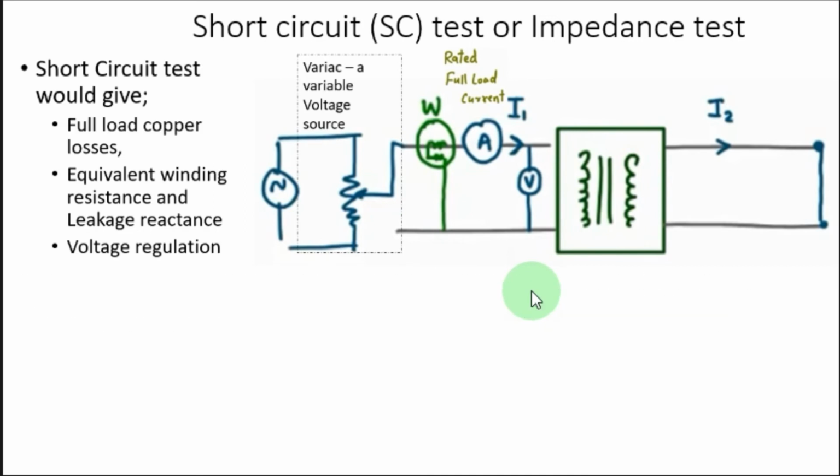So the short circuit test would give the full load copper losses, then the equivalent winding resistance and the leakage reactance, and voltage regulation. Voltage regulation is another parameter that we use to specify a transformer.